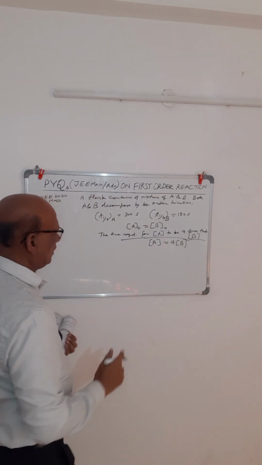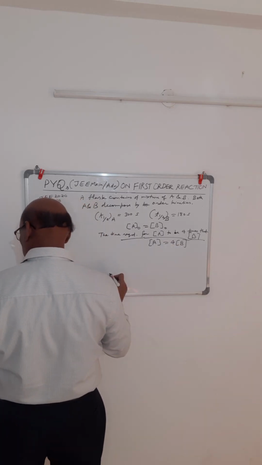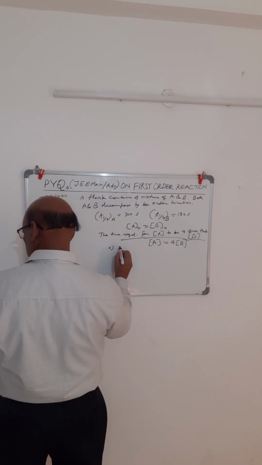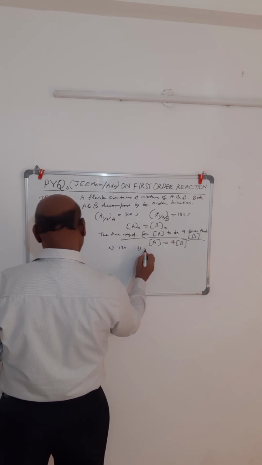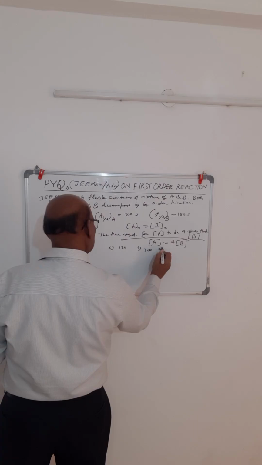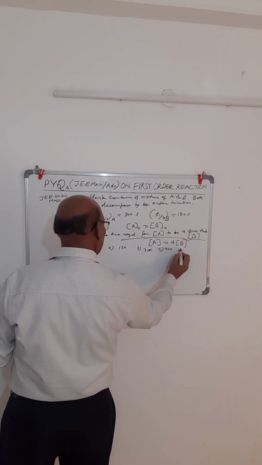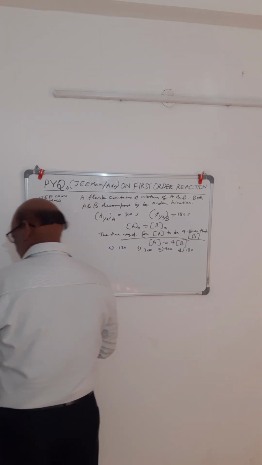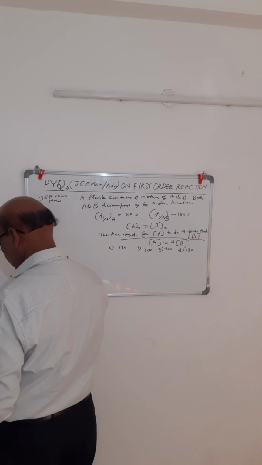In what time will the concentration of A become 4 times that of B? Four options are given to us: A 120 seconds, B 300, C 900, and D 180 seconds. So this is the numerical that we have to solve.